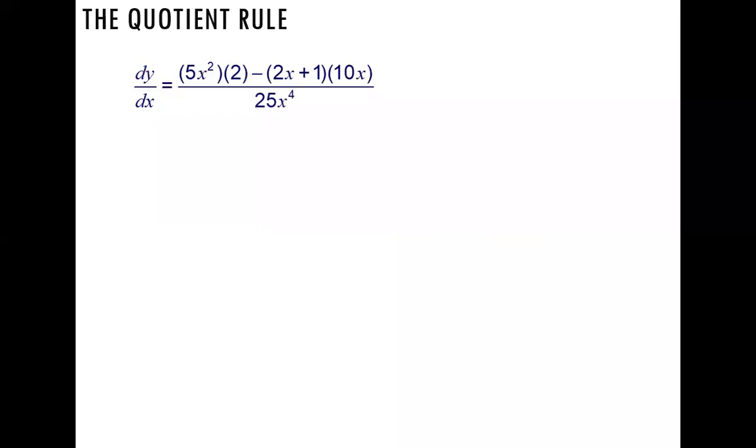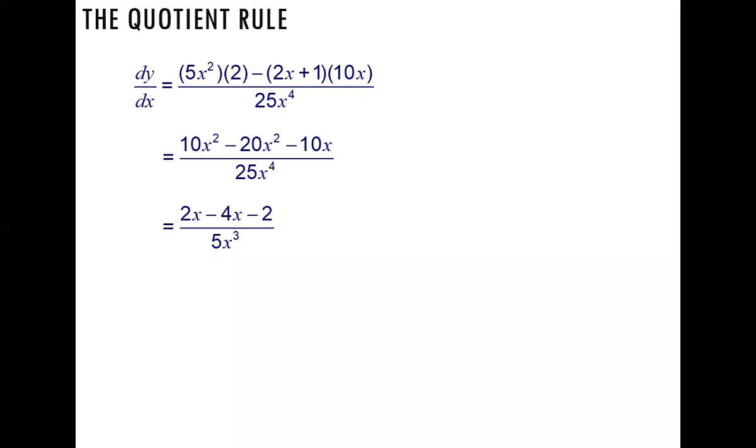Okay, so that is the substitution we just talked about. And then once we expand from here, we are going to get 10x squared minus 20x squared minus 10x over 25x raised to the power 4.